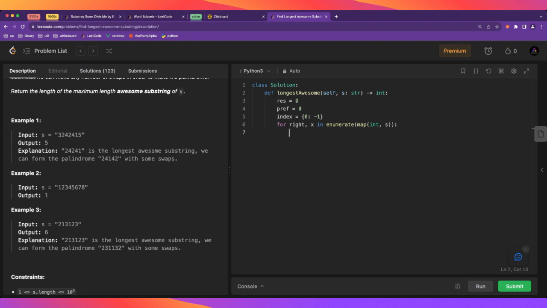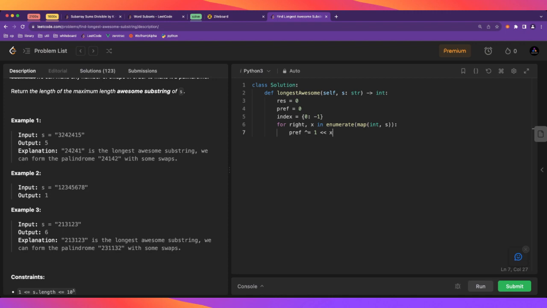So first we're going to include this element into the prefix. The prefix has the count from the beginning up to the right, the element at right, inclusive. So to make it inclusive, we need to XOR the prefix at this position.